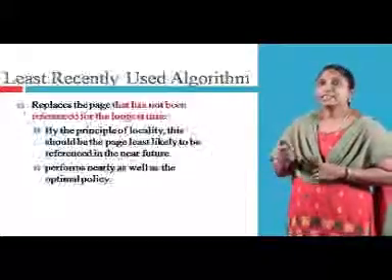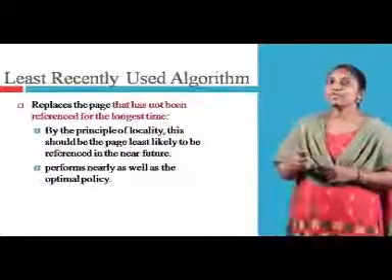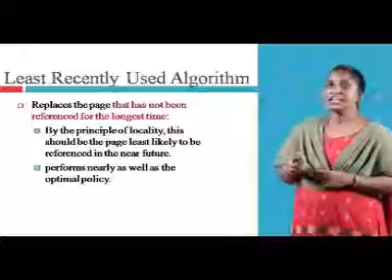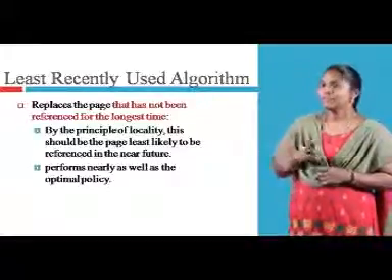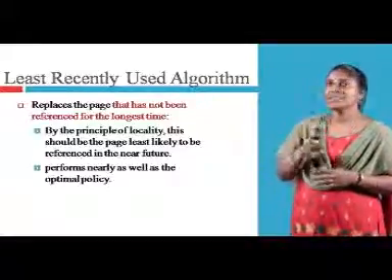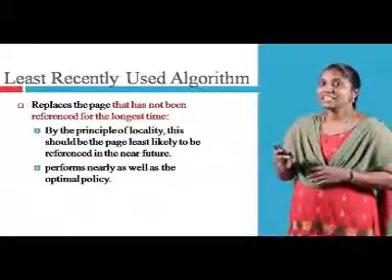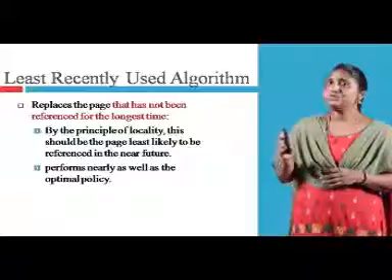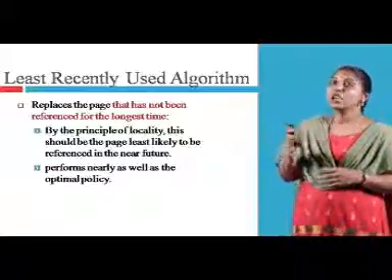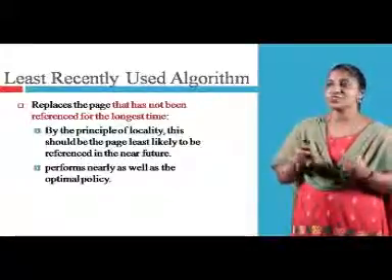Okay. Now we are going to see the next algorithm, which is the least recently used algorithm. It is just the same as optimal page replacement, but here the page which has not been referred for the longest time in the past should be considered.